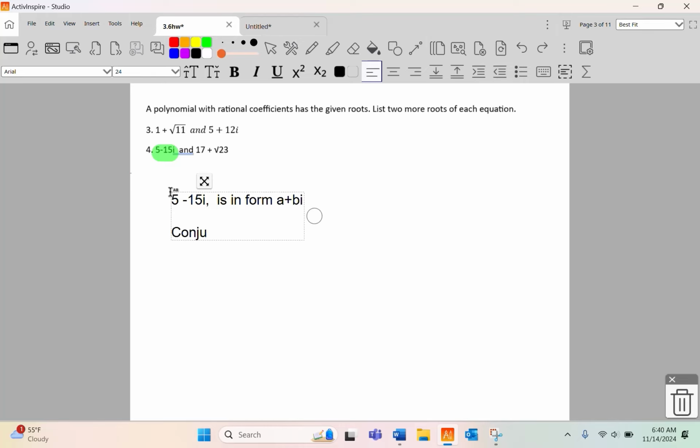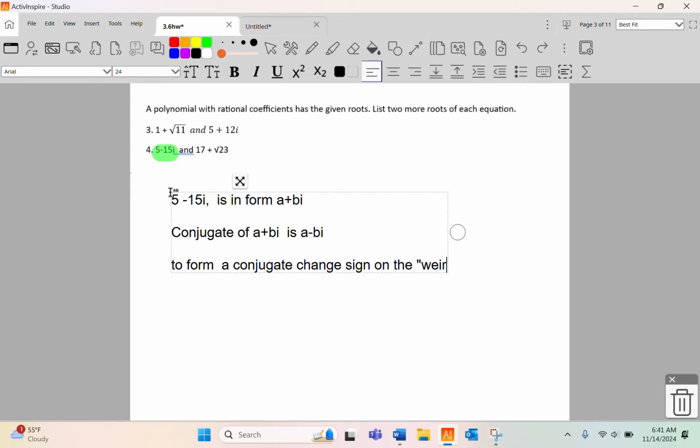Now the conjugate of a plus bi is a minus bi. When you're forming conjugates, you always change the sign on the weird part. And I say weird, but that's how it is. Change the sign on the weird number, all right?